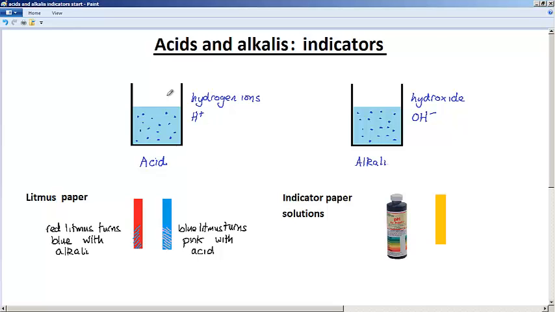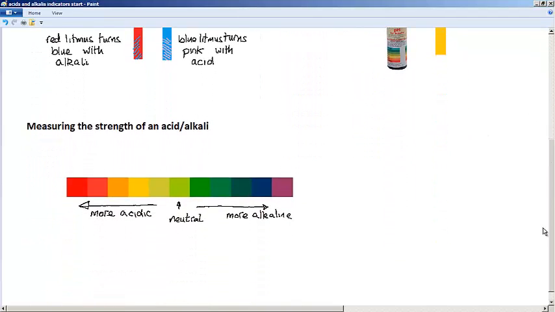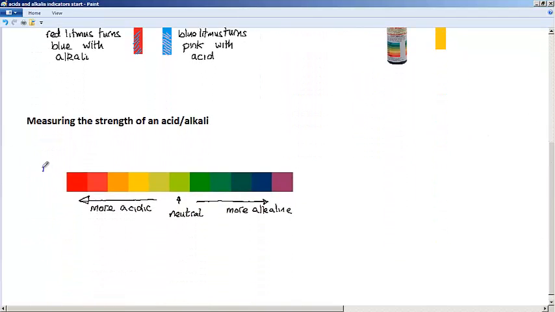So we have a term in chemistry called the pH, with a capital H, and this really is a measure of the concentration of hydrogen ions present in an acidic solution, or hydroxide ions present in an alkaline solution.